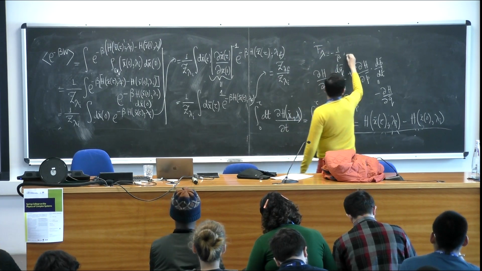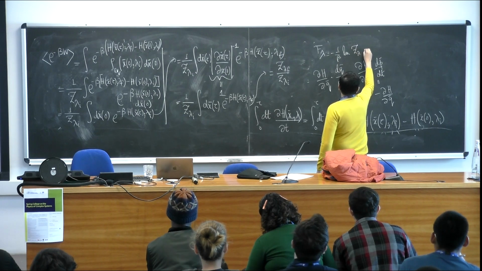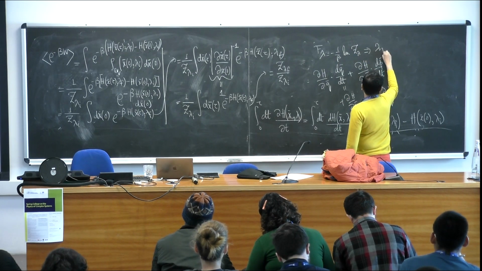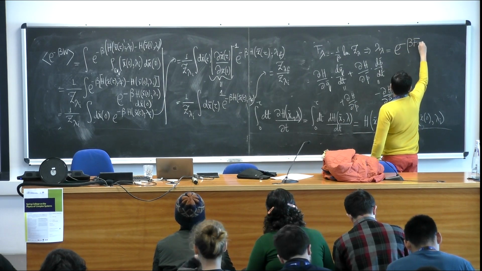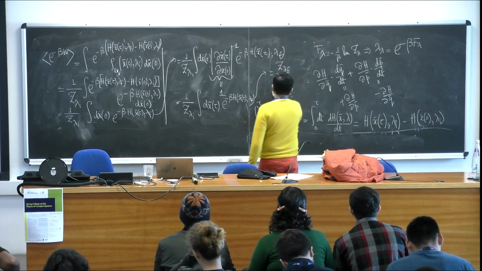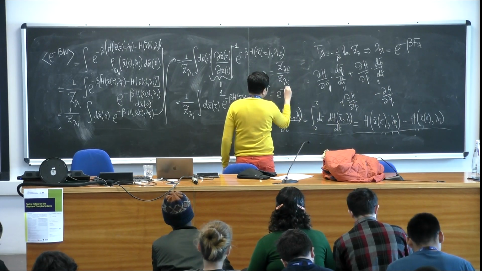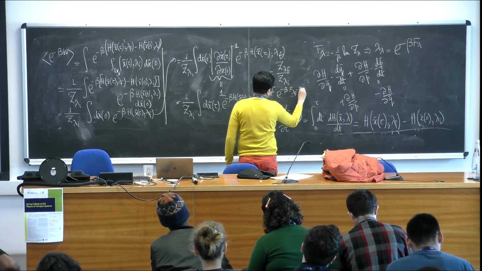The free energy F lambda is minus 1 by beta log of z lambda, which implies z lambda is nothing but e to the minus beta of F lambda. So therefore I just substitute it here, I get e to the minus beta of F lambda f minus F lambda I.